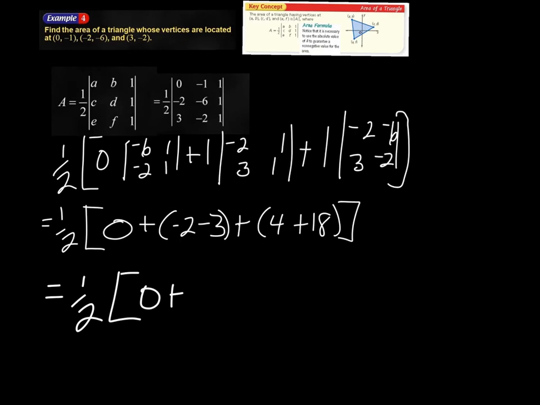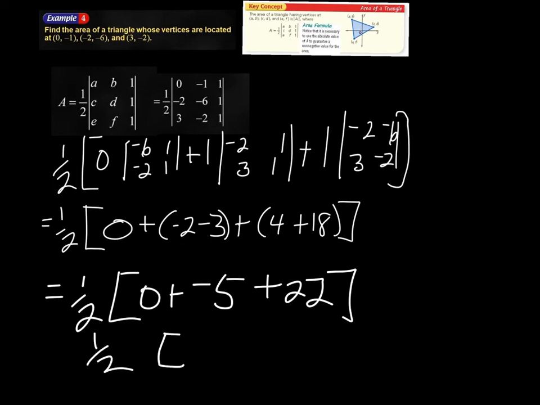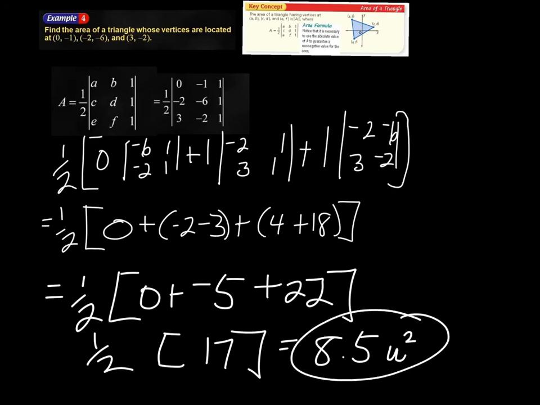Just carrying that 0 along for general principle, it's not serving any purpose. Negative 2 minus 3 is negative 5, 4 plus 18 is 22, so I've got 1/2 of 17 is 8.5, and they didn't give me units, so I have to call it just units squared.